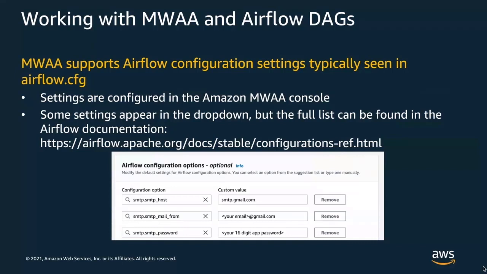What you can do here is basically modify the environment variables for any of the various types of configurations that you would for Airflow. We have some of the most common that will autocomplete in here as a drop-down, but this does not mean that we do not support the others. You can just type them in. For the version of Airflow that your environment is running, these should be available to you to use. It's pretty straightforward, as you see in the screenshot below, and then those are saved for your environment.